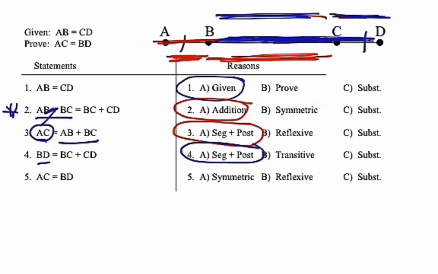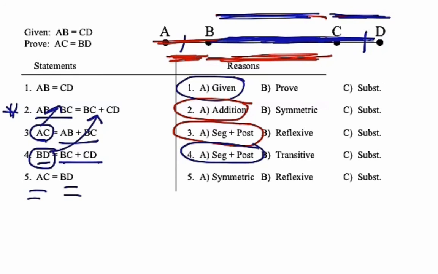So we're going to replace that with AC and write that for statement number 5. And this BC plus CD is equal to BD. So in statement number 2, we're going all the way back to 2. We're going to replace that expression of BC plus CD with BD. And now we have a new statement that says AC is equal to BD, and that's what I wanted to prove.